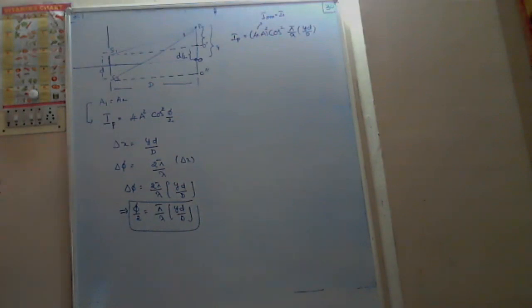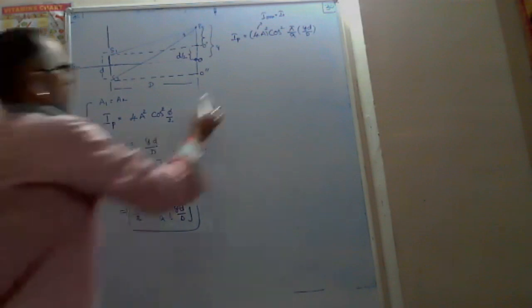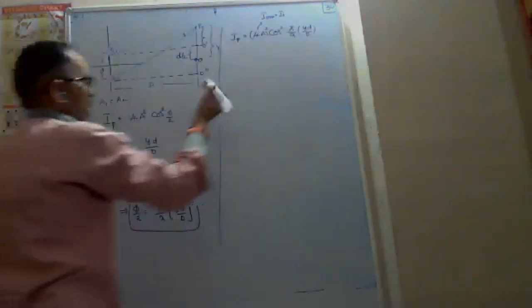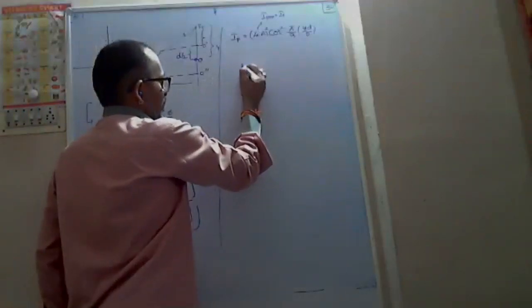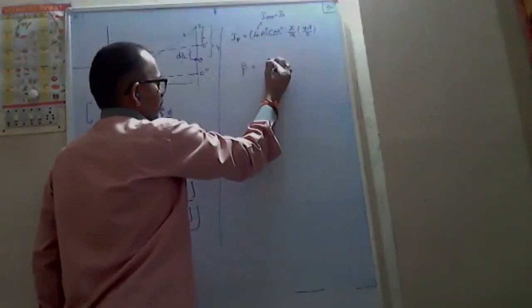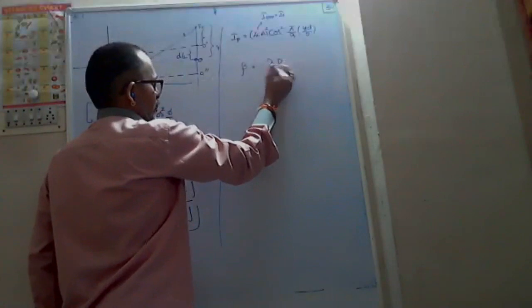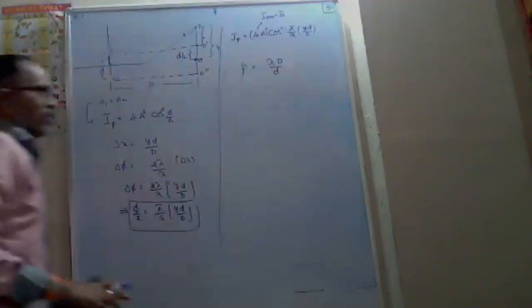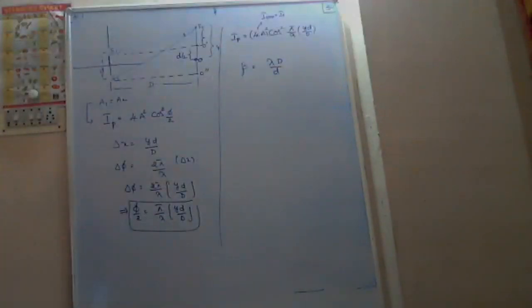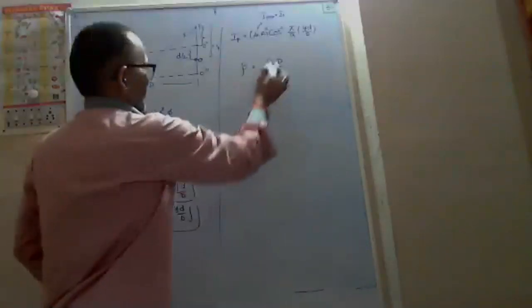Okay? This is one formula. And if they ask for the fringe width, what did we just calculate? Lambda D by d. Okay, this is the fringe width.